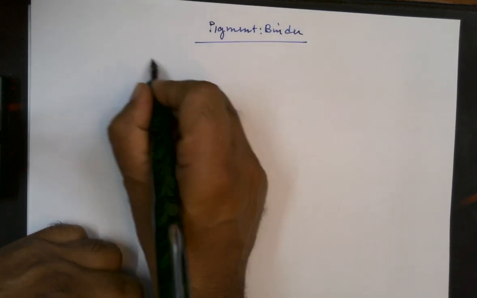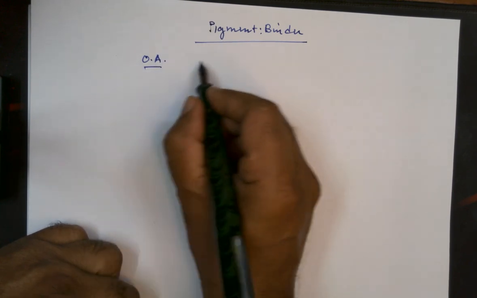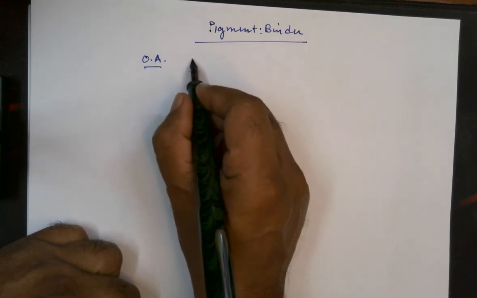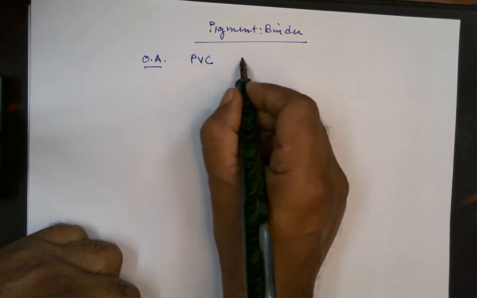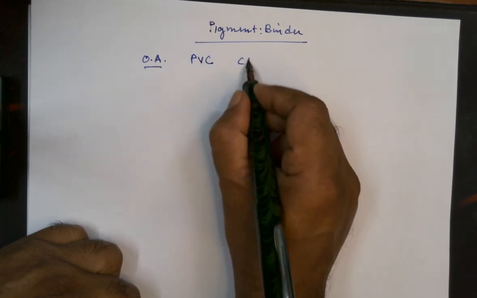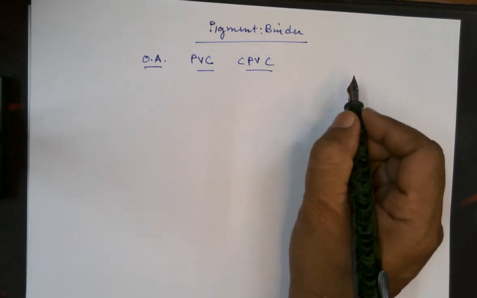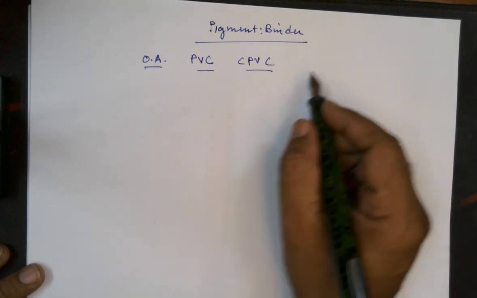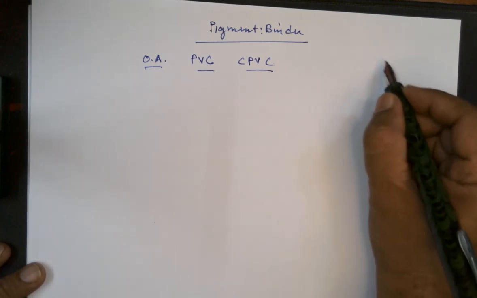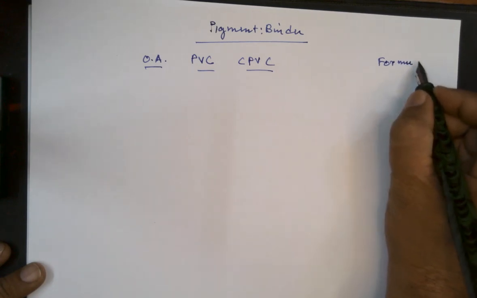Then there is an important term called oil absorption, and we should know something about the pigment volume concentration and critical pigment volume concentration. So these are all the important parameters which are very frequently used in paint formulation. So let us study this deeply.